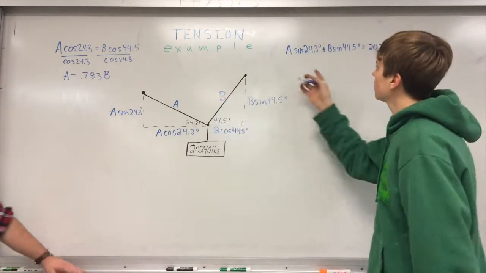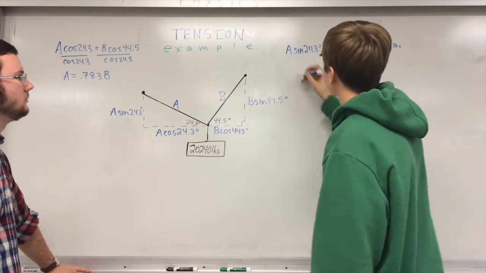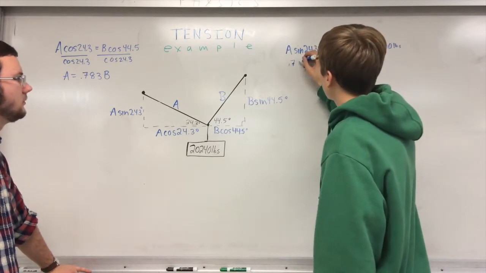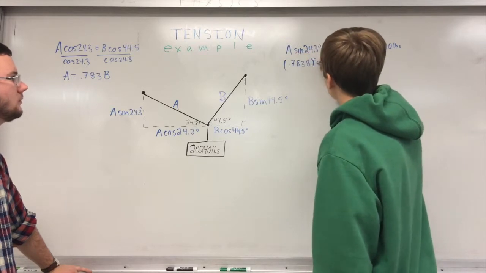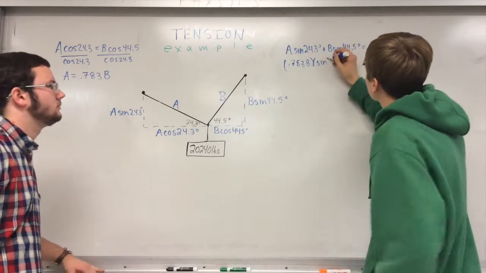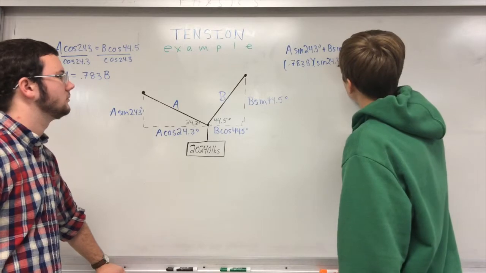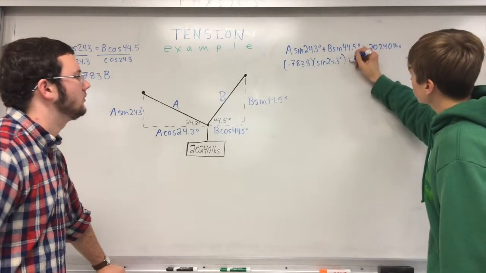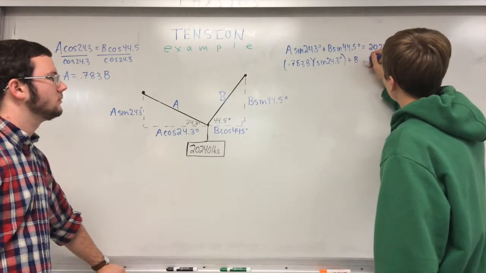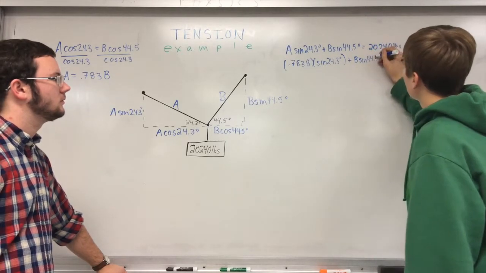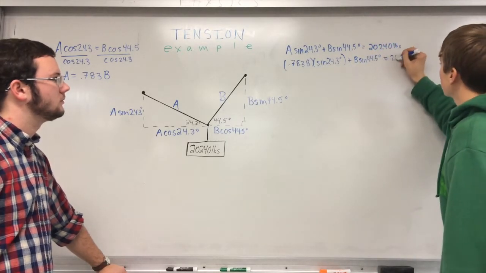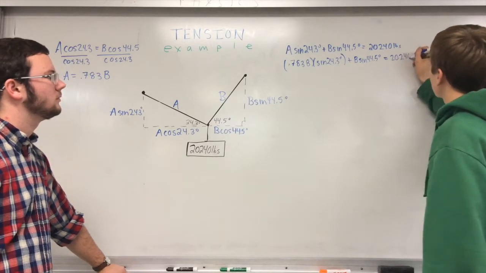So now we can plug that in here, just the basic systems of equations. So 0.783b times sine of 24.3 degrees plus b times sine 44.5 degrees equals 20,240.